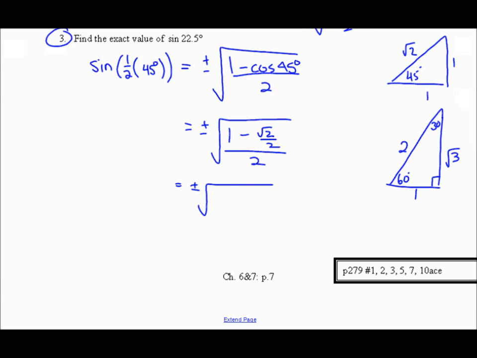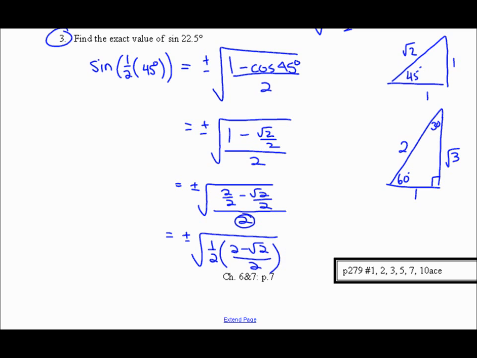Change the 1 to 2 over 2 to get a common denominator. So we'll have 2 over 2 minus root 2 over 2, all over 2. We can put those two under the same roof. Why don't we change this to 1/2 in front, for the 2 on the bottom. And then this is 2 minus root 2 all over 2.